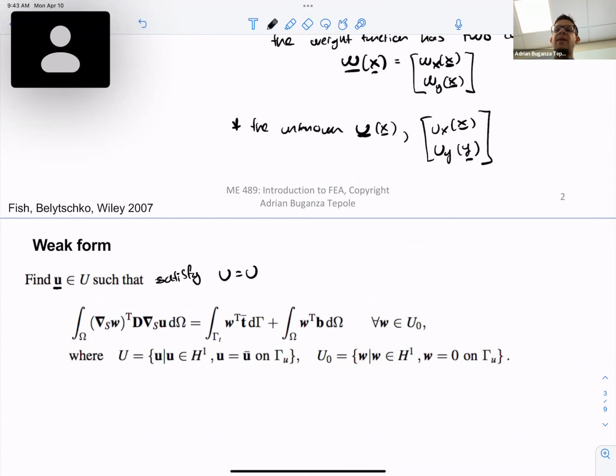It satisfies basically U equals U hat, the known displacement, in the part of the boundary that has the essential boundary condition. Then the integral looks like this. So the gradient of the shape functions times this D matrix, which is basically a matrix of material properties, times the gradient of the displacements.